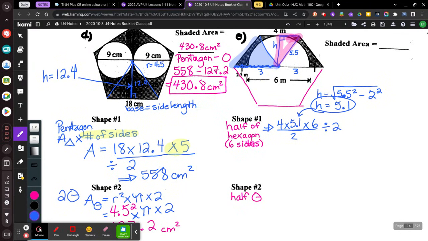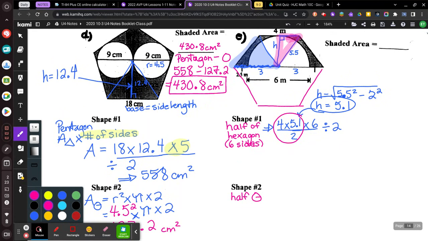Because that's your base times your height times the number of sides, 6 sides, divide by 2, and then divide by 2 again. Okay, so it's a big formula for this one. It's a lot of math. This part here is the area of a triangle times 6 sides, but we only have half of that hexagon, so we've got to divide it by 2.